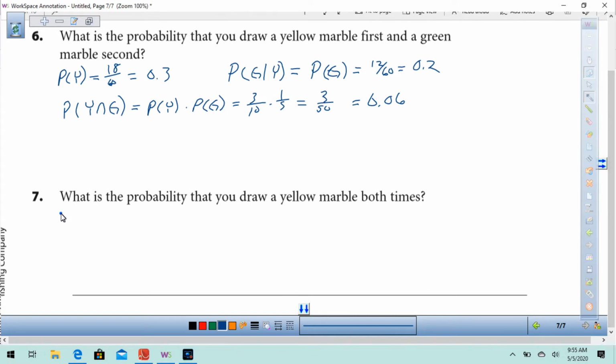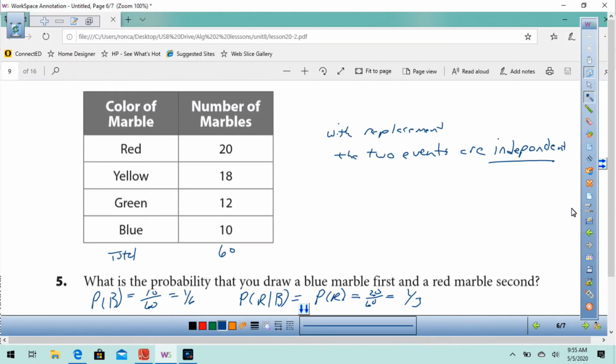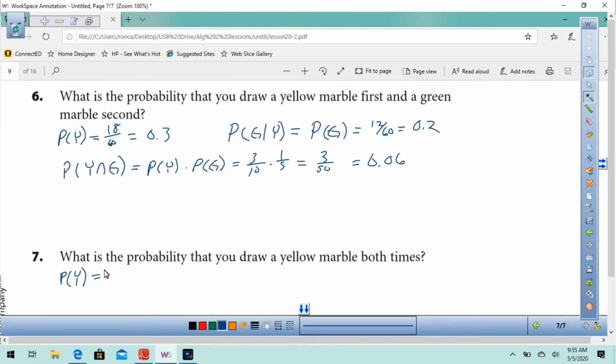Probability of yellow, how many yellows are there? 18 over 60. We'll call this yellow 1, 18 over 60, and that was 0.3.